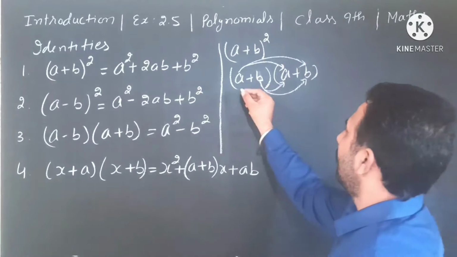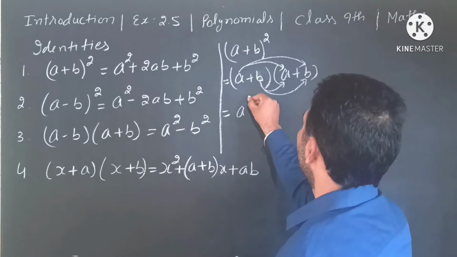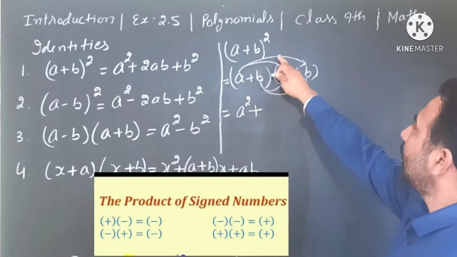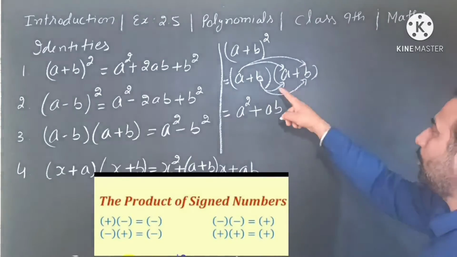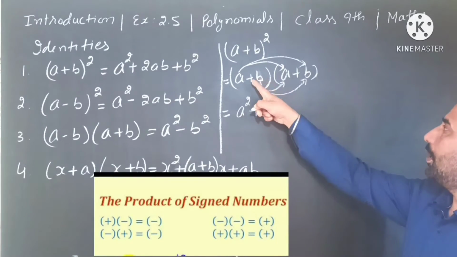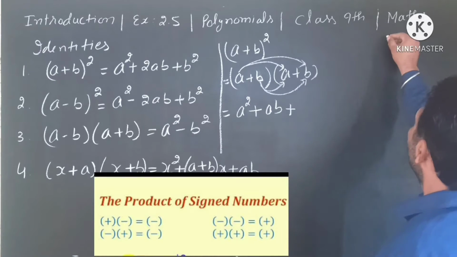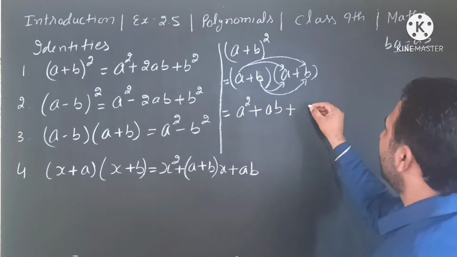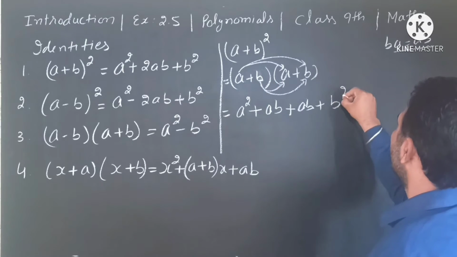So how can we write? a multiply a is a², plus, a multiply b, that is ab. Again, plus, b multiply a, that is ba, and ab and ba are the same thing, so I will write here ab, and the last, b multiply b is b².